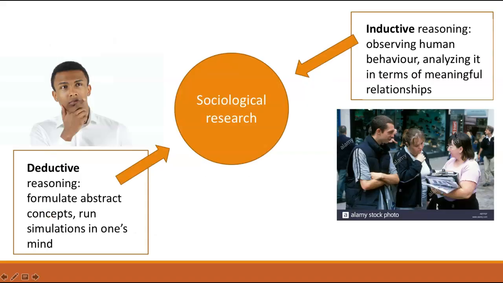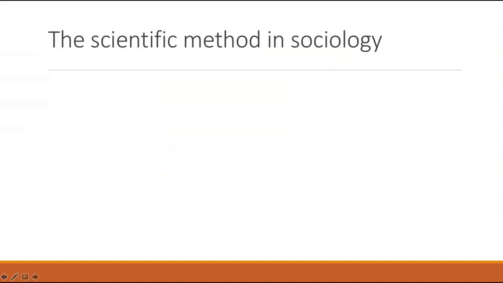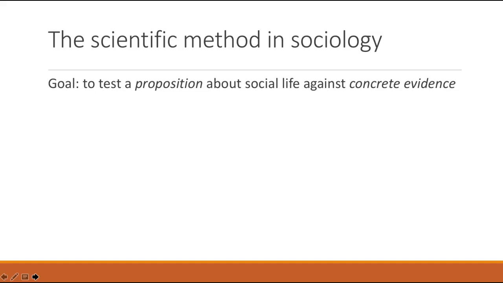Here's how it looks. Deductive reasoning starts with abstract concepts. Inductive reasoning, in the top right, starts with careful observation of human social behavior, which brings us to the scientific method. The end goal of the scientific method is to test a proposition or hypothesis about social life against the evidence that we collect.